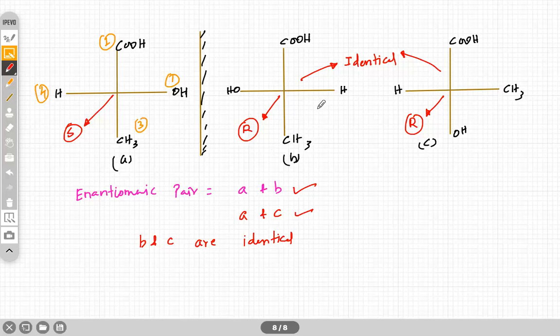Which one is R? This one. 1, 2, 3. No, the fourth group should be here. No, third should be here. So 1, 2, and 3. It is anti-clockwise. R. So the original one is S. It's S only.